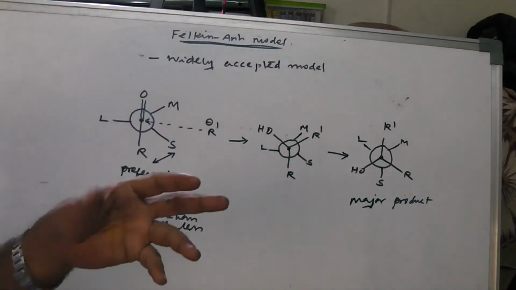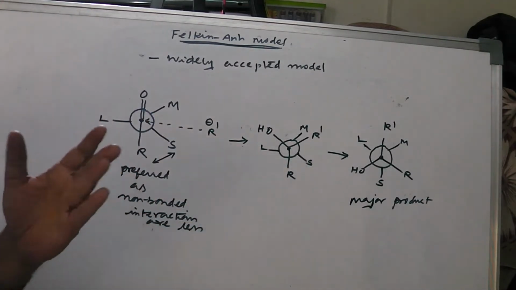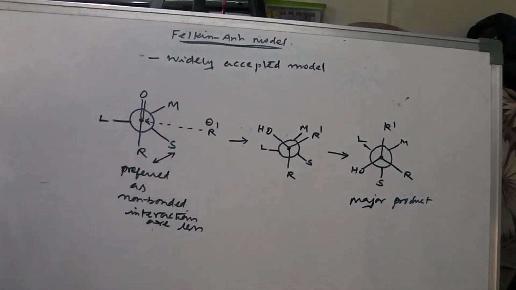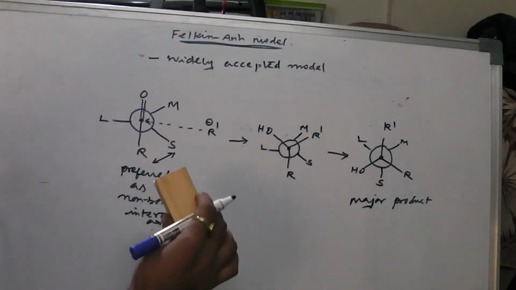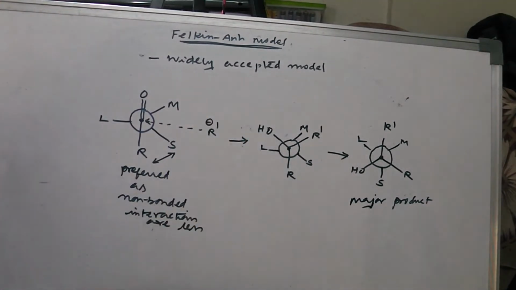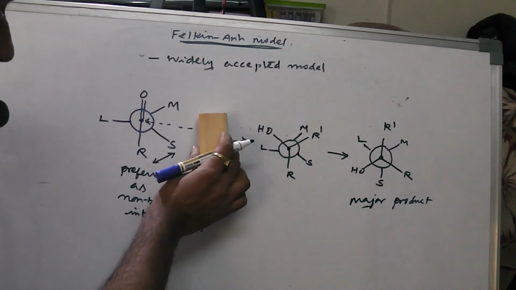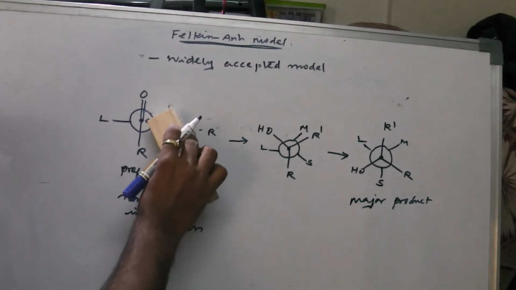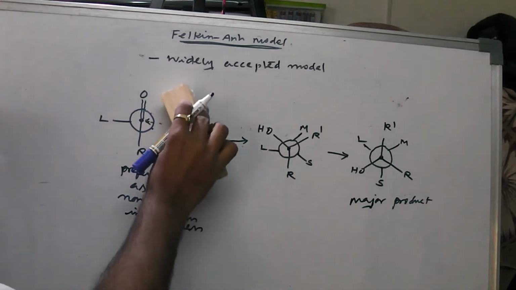Another conformation I will be writing, you will understand it will be unstable automatically, because there the interaction is between R and the medium sized group. Let's look into that also. I will be writing without fully rewriting the structure, just altering the groups only.